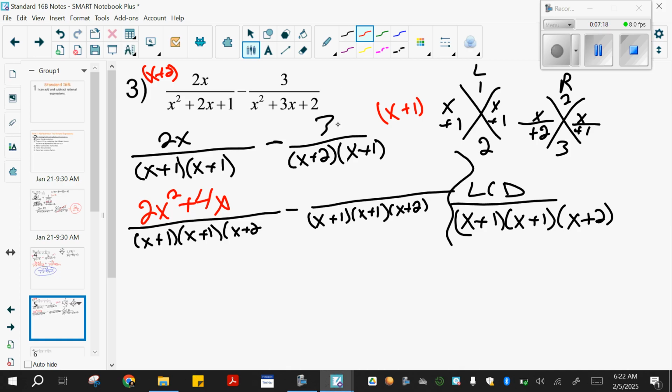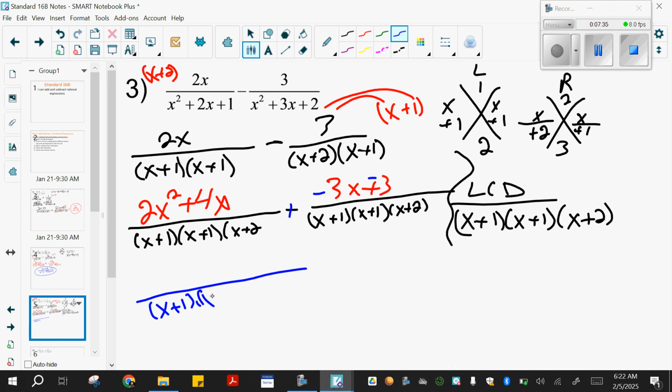This side I'm going to do 3 times 3x. 3 times plus 1 plus 3. And I'm going to come back in here and I'm going to add the opposite, plus, negative, and negative. So let's put those all together. We know it's going to be over x plus 1 times x times x plus 1 times x plus 2. So I'm going to have 2x squared. 4x minus 3x means plus 1x minus 3.